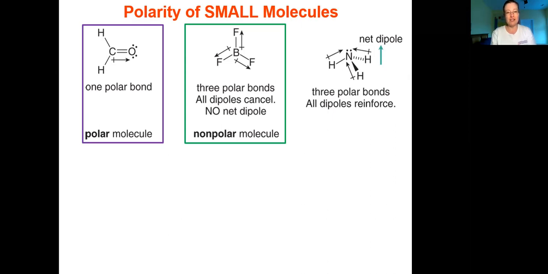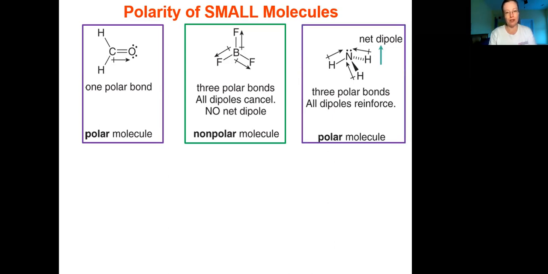In fact, it's more like water, where the electrons are all being pulled towards one location. Those dipoles are reinforcing. We have a much more partially negative side and a partially positive side to this molecule. It is a polar molecule. NH3, classic polar molecule.